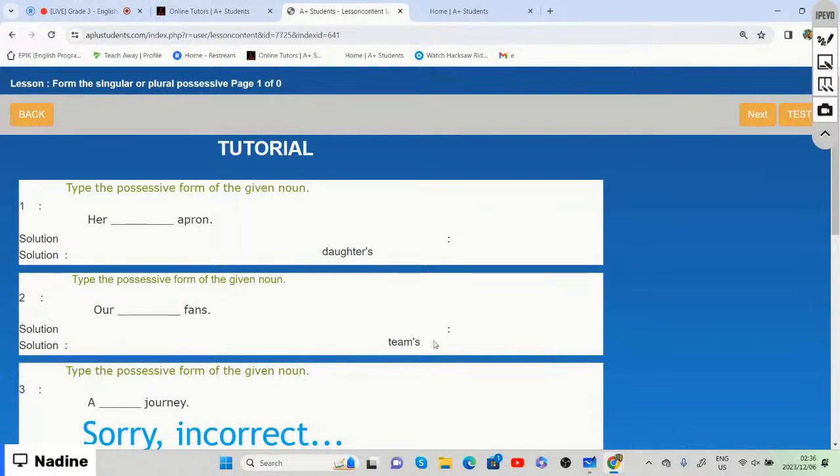So we're just going to look at the specific answers. So they're saying her apron, which means that this is going to be a possessive noun because it is her daughter's apron. And we added the apostrophe and the S to show it is daughter's.